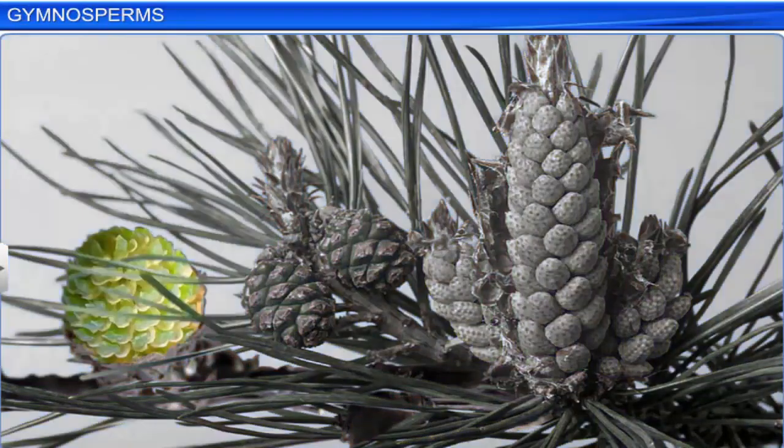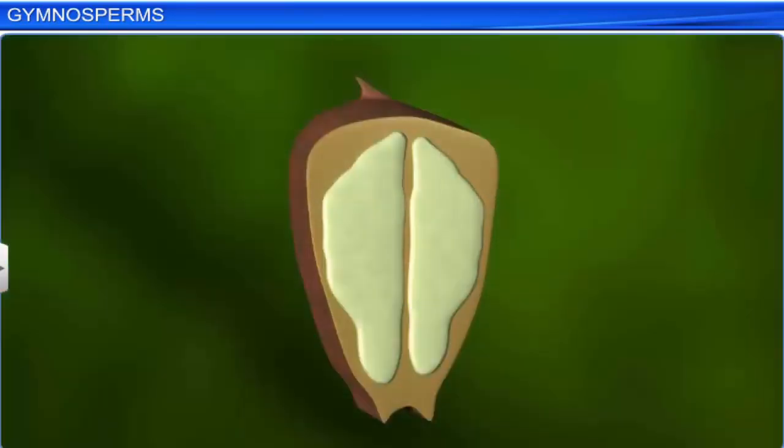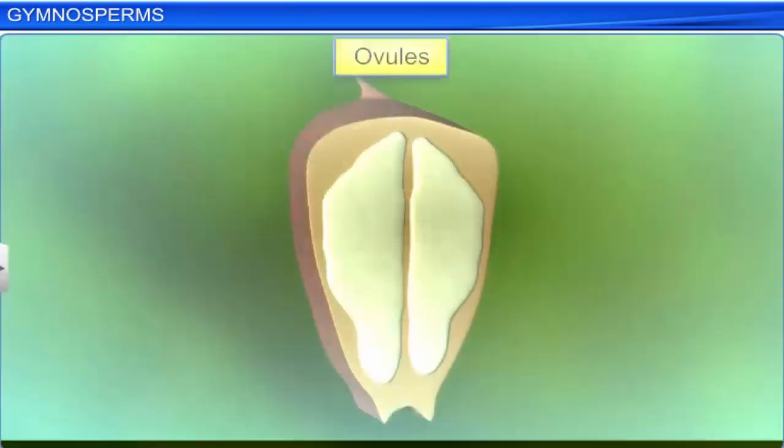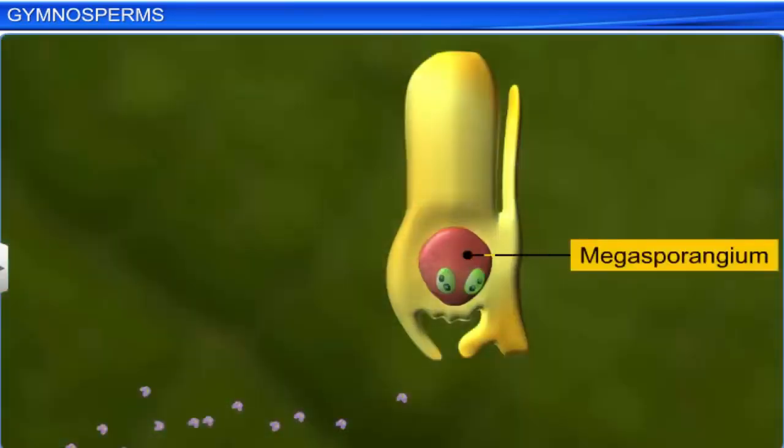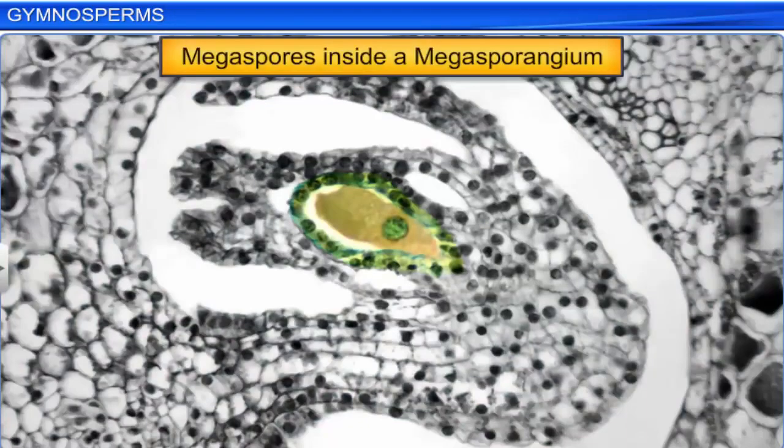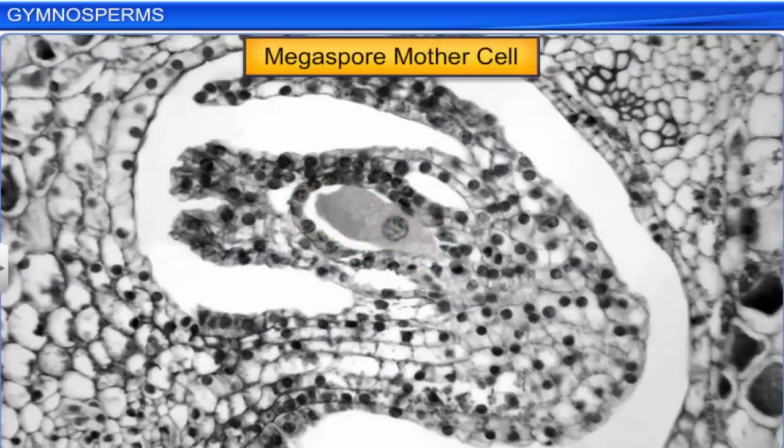The female strobilus is a cluster of megasporophylls which bears ovules containing the megasporangium or nucellus. The megasporangium, surrounded by a layer of envelopes, produces haploid megaspores and a megaspore mother cell which looks distinctly different from the other megaspores.